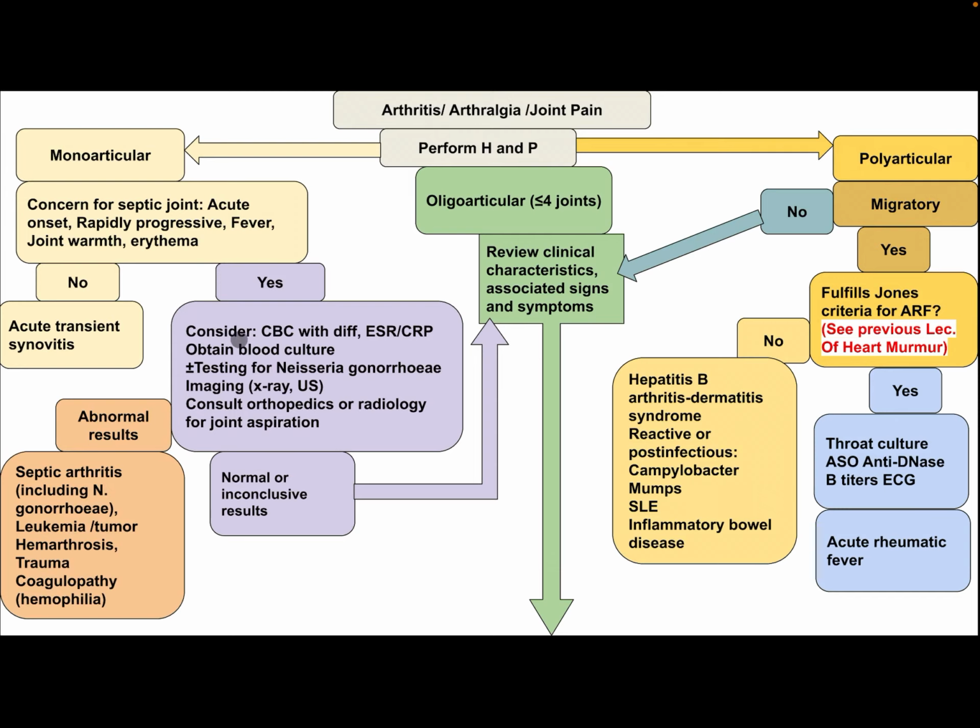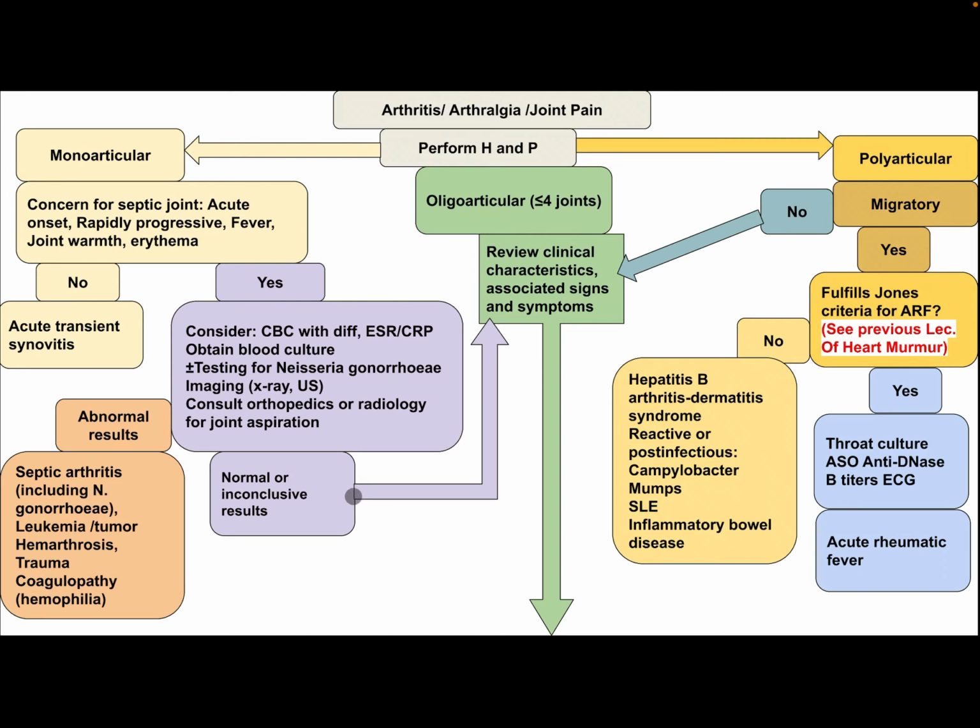If it is yes, the patient needs CBC with differential, ESR, C-reactive protein, blood culture, test for gonorrhea, imaging, X-ray, ultrasound, and consult orthopedic radiologist for joint aspiration. If it is an abnormal result, differential diagnosis: septic arthritis, including Neisseria gonorrhea, leukemia, tumor, hemarthrosis, trauma, coagulopathy like hemophilia.